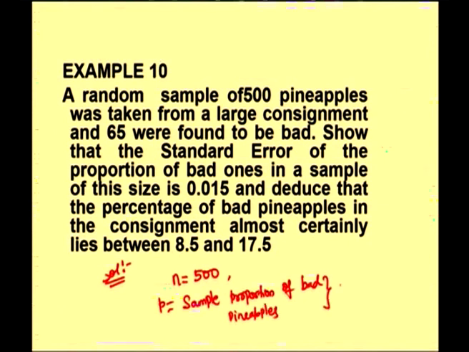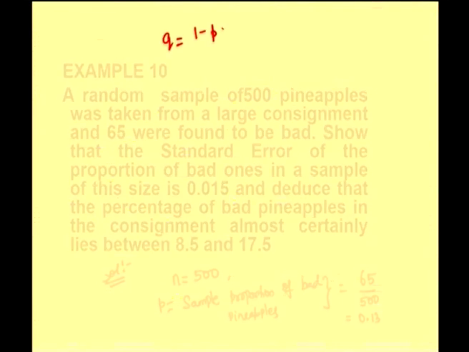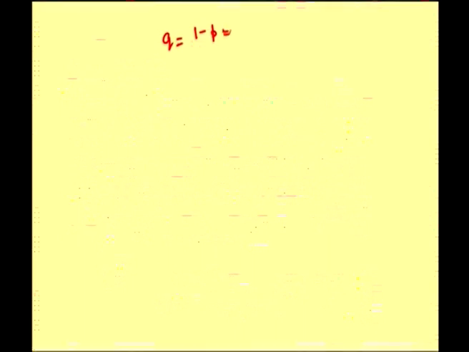How many are there? 65. Therefore, the proportion is 65 by 500, which is equal to 0.13. Therefore, Q is equal to 1 minus P, which is 1 minus 0.13, equal to 0.87.